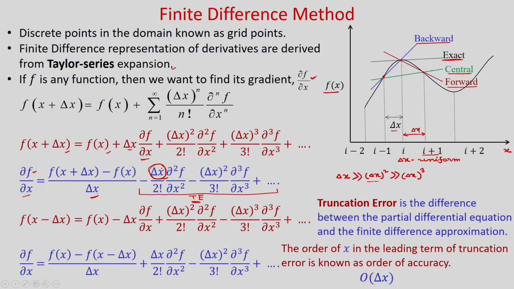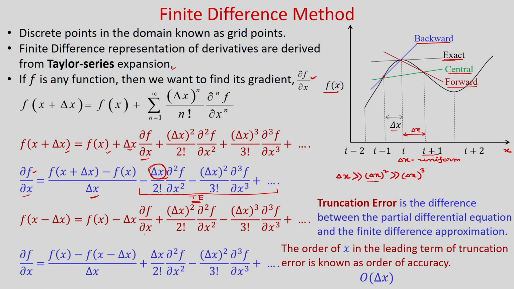Similarly, now if you use one backward point, f x minus delta x, then you can write from the Taylor series expansion f x minus delta x equals f x minus delta x del f by del x plus delta x square by factorial 2 del 2 f by del x square minus delta x cube by factorial 3 del cube f by del x cube plus higher order terms.